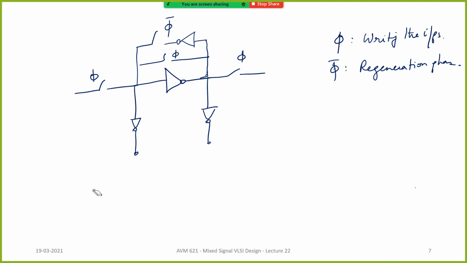Even in these big memory arrays, when you give your word line and bit line, the bit line will shift by a very small amount, maybe a few millivolts. Your sense amplifier should be capable of looking at the difference between the bit and the bit bar and resolving it into a logic high or a logic low.